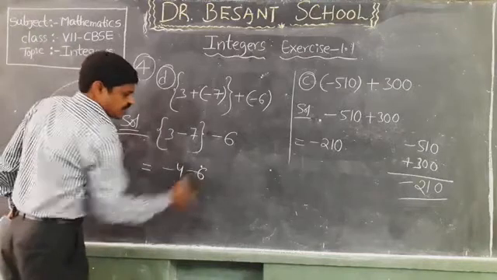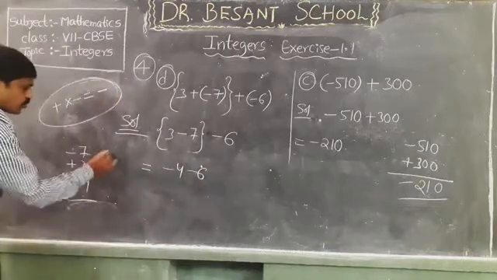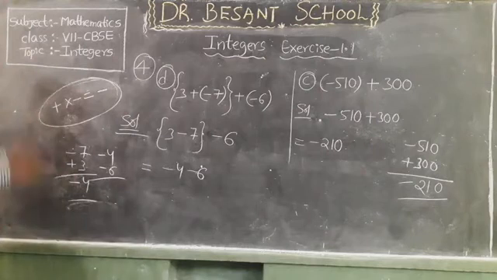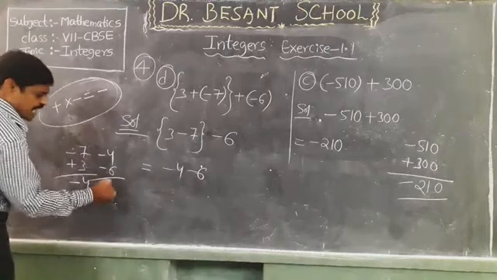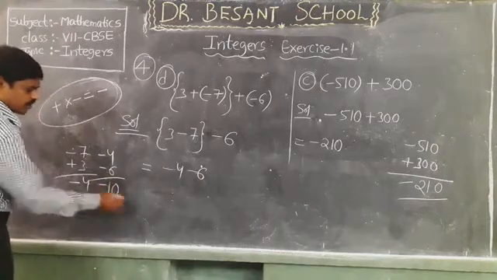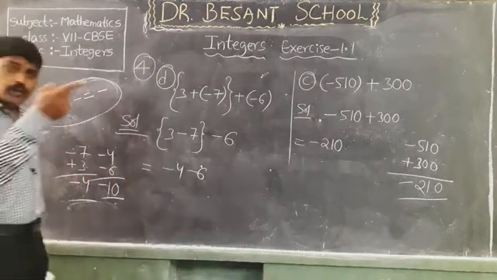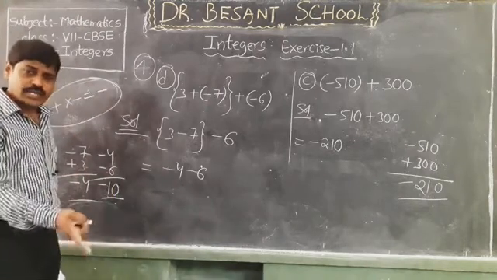And it is minus 6. Now minus 4, minus 6, both have the same signs, negative. What do we have to do? Difference or addition? Add. So 4, 6, add, 10. So negative sign. Okay, why? Because if both are negative, then the result is also negative. If both are positive, then the result is also positive.